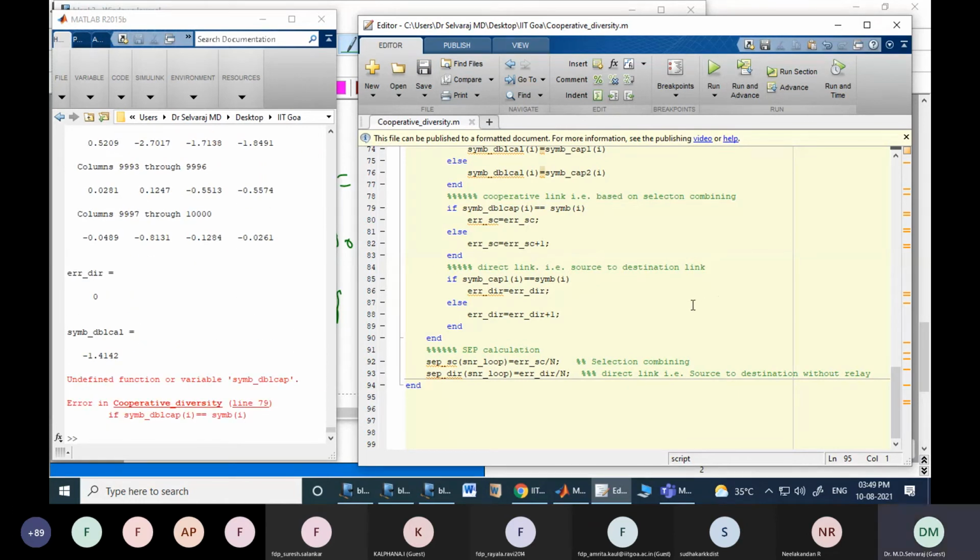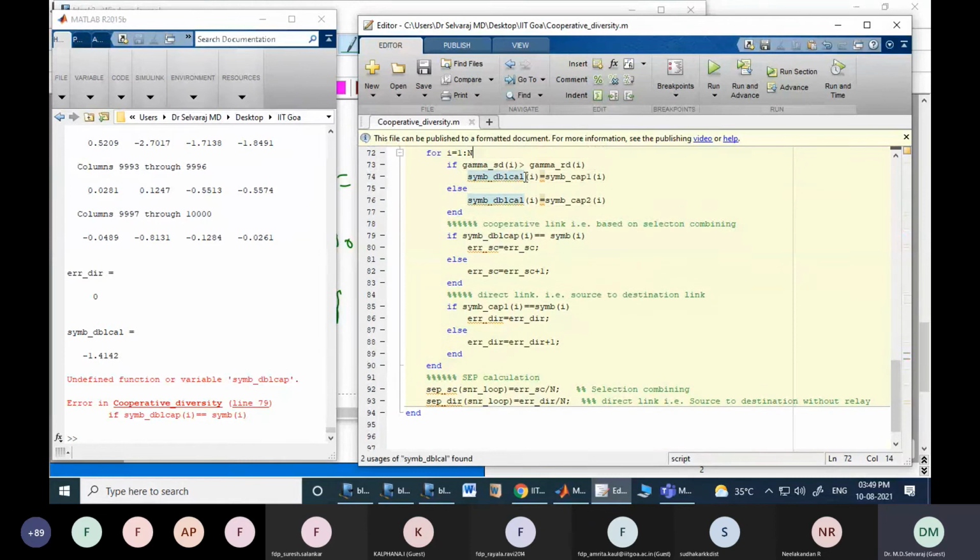Symbol double cap. Oh, here I typed the word cal instead of cap. Now let us check.